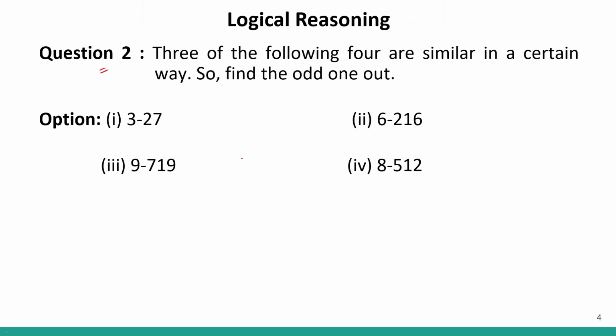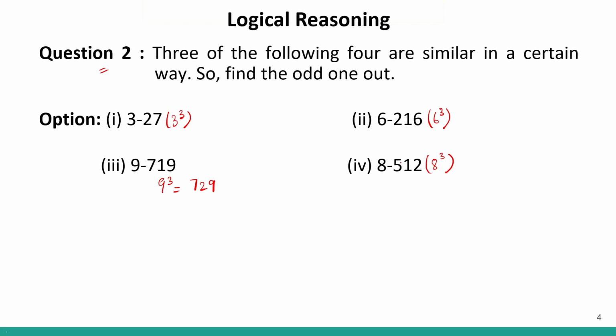Question number 2. 4 options, one of them is different, and we have to identify which one is different. If I look at option number 1, I can see 27 is basically 3 cube. Similarly, I can see 216 is basically 6 cube, and 512 is basically 8 cube. 9 cube is equal to 729 and not 719.